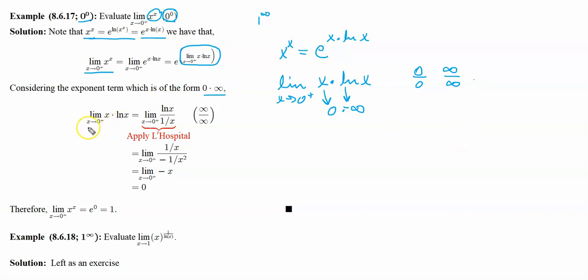So here's how we do that. Right here we have the limit of the exponent. Now we're going to write x times ln x as ln x divided by 1 over x. If I flip this 1 over x back into the numerator, we do recover this.